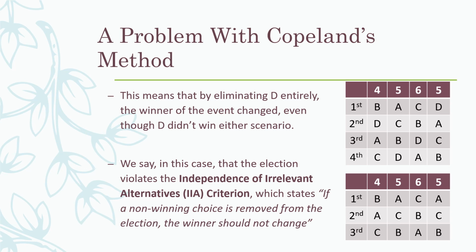Instead, as weird as this sounds, we have a criterion for this, which is the independence of irrelevant alternatives, which basically says that if somebody who didn't win gets removed from the election, the winner shouldn't change, because that doesn't make sense. And once again, these do not have to be true, but we kind of feel like they should be. And in this case, this ended up not happening.